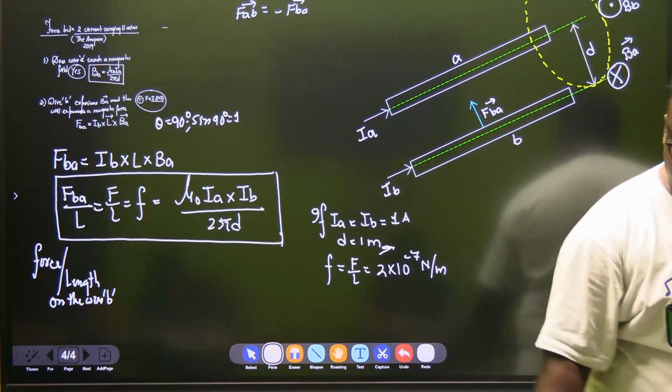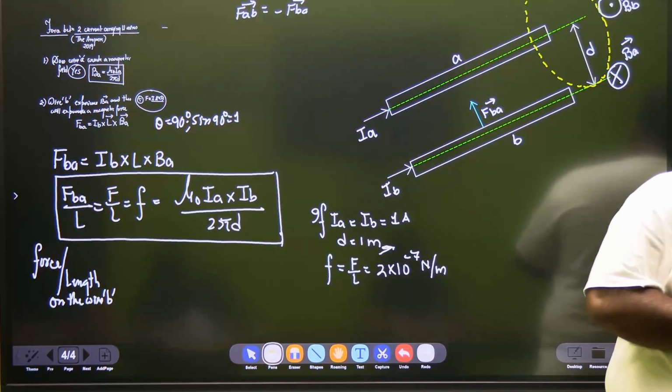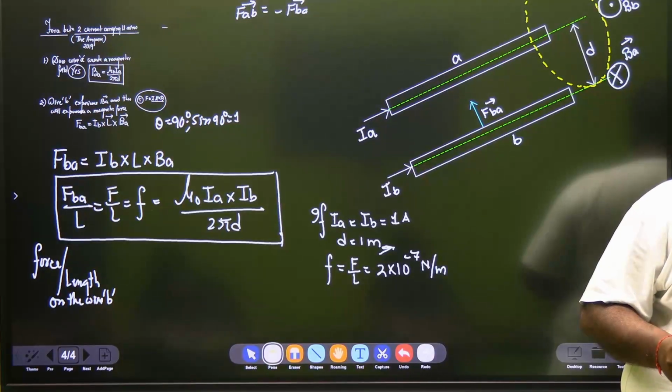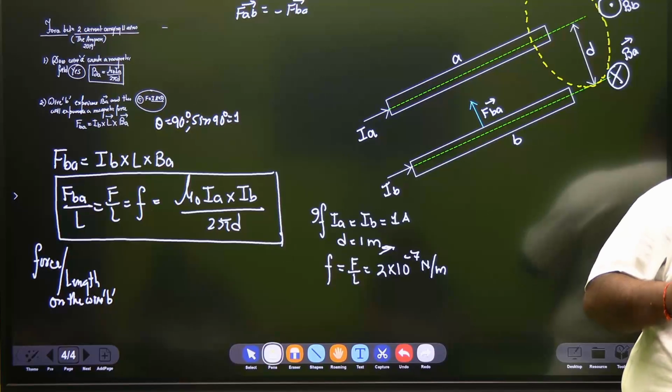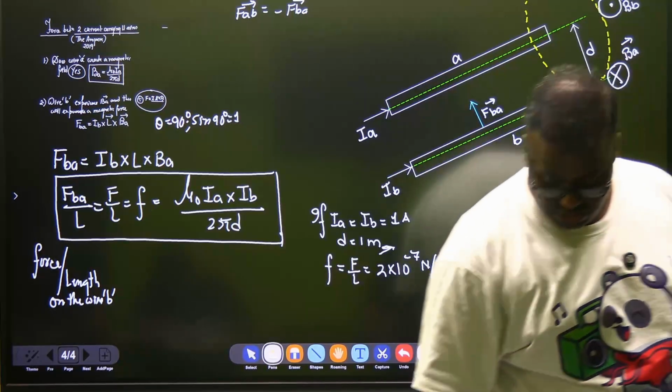And if you can better it, you can better it, but at least after writing, read what you have written. Force of attraction, since you have written same direction, so it is force of attraction.